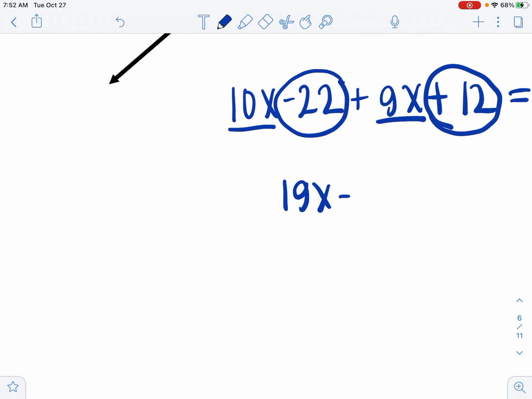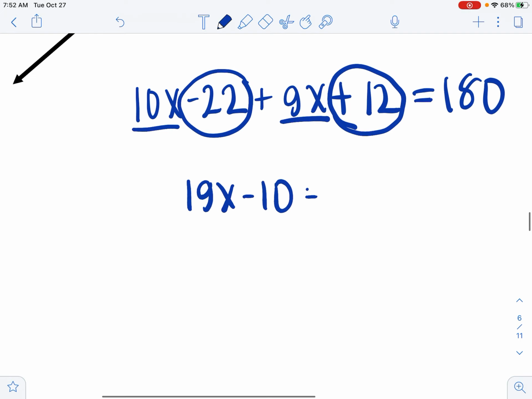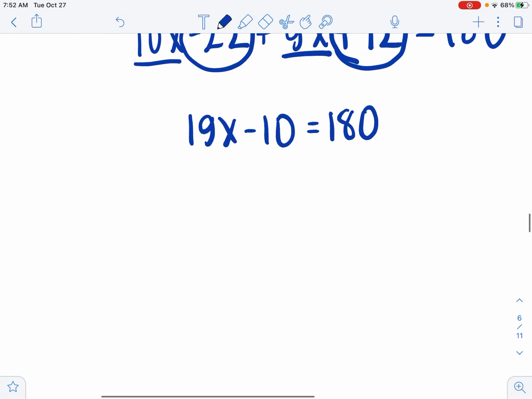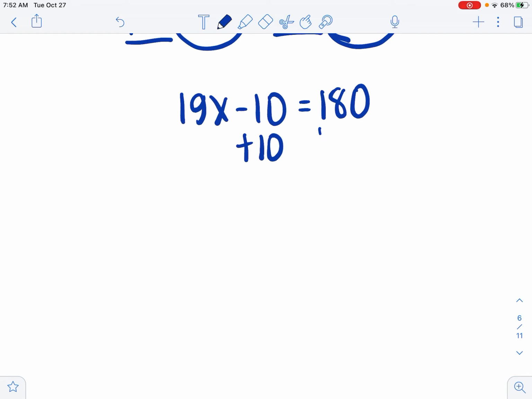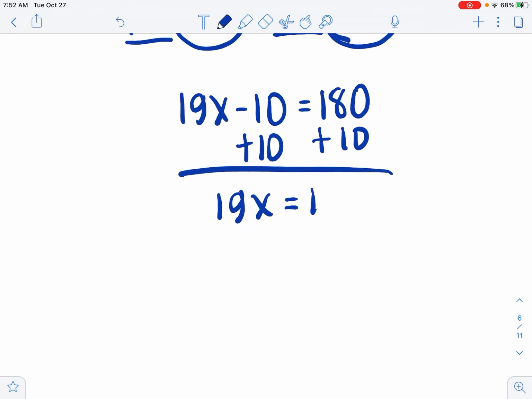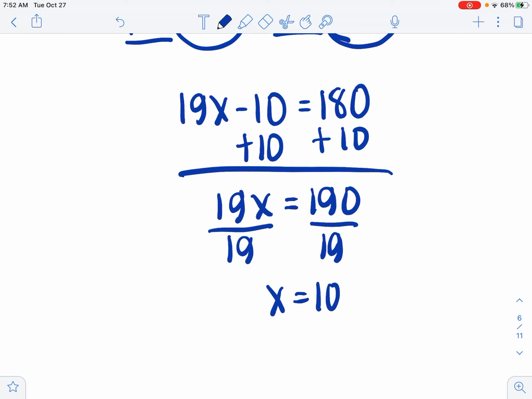Negative 22 and positive 12 is negative 10. Equals 180. Now I can add 10 to both sides. 19x equals 190. And I can divide by 19. So I get x equals 10.